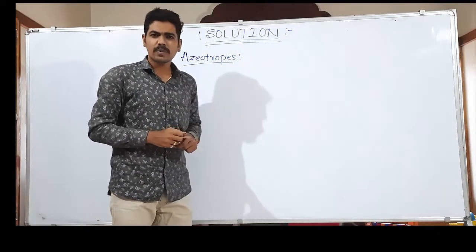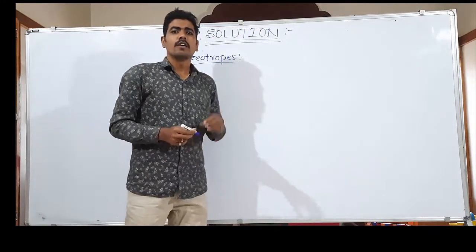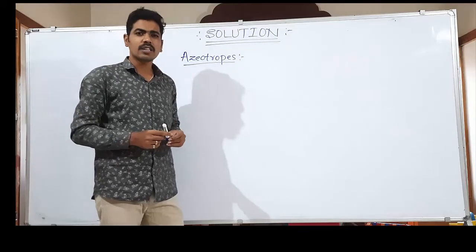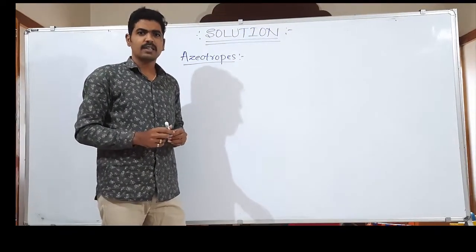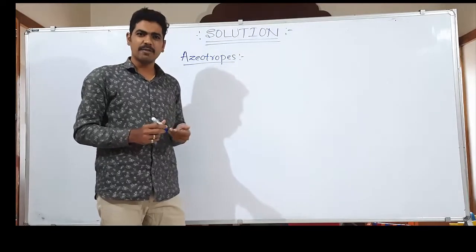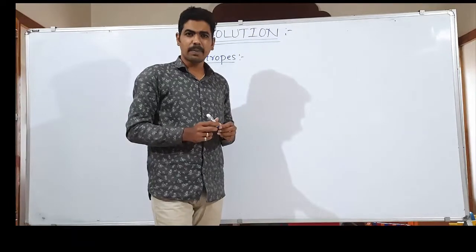So azeotropes are the solutions or binary mixtures which will boil at a constant temperature having the constant proportion. Their composition is the same and boils at constant temperature.